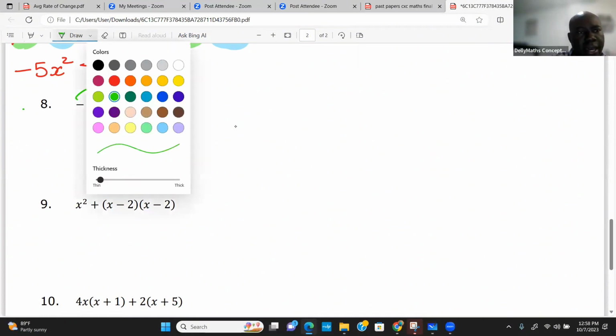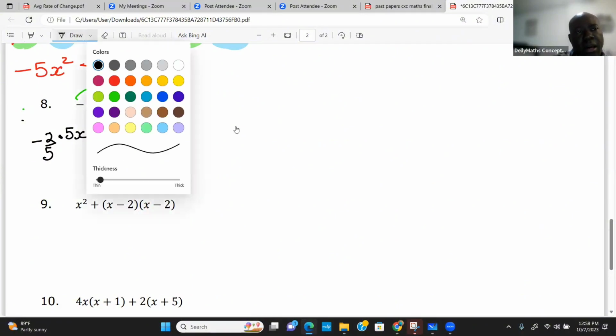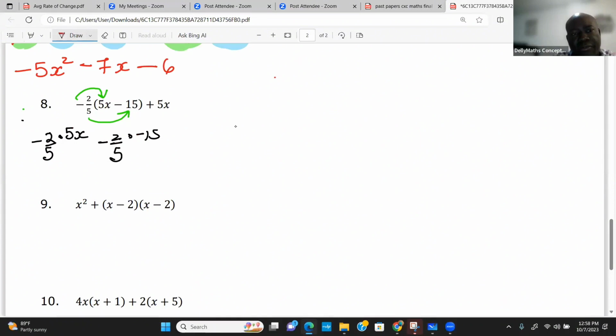So let us see what we have. -2/5 will be multiplied by that 5x right there. And then I'm going to have my -2/5 multiply by my -15. And then all along, that 5x will be at the back.